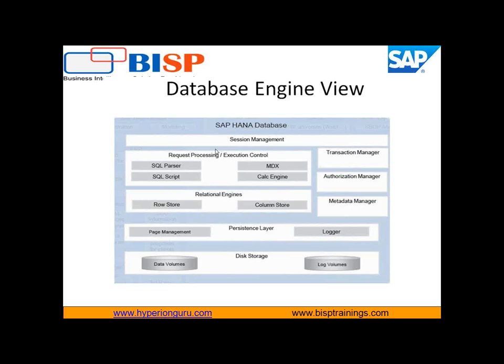Let us talk about the persistence layer. The persistence layer provides high availability: if we have any problem, in case of failure or system restarts, we need to recover the data which has to be updated in the database.